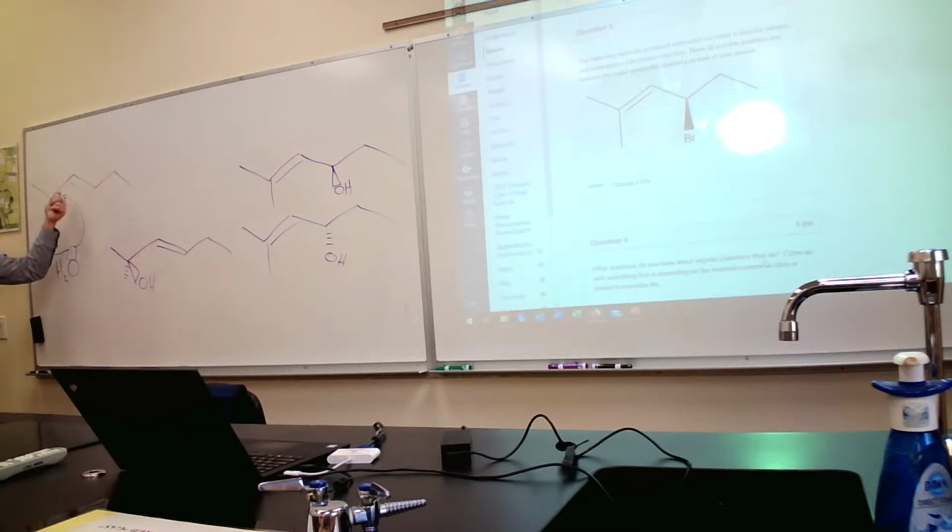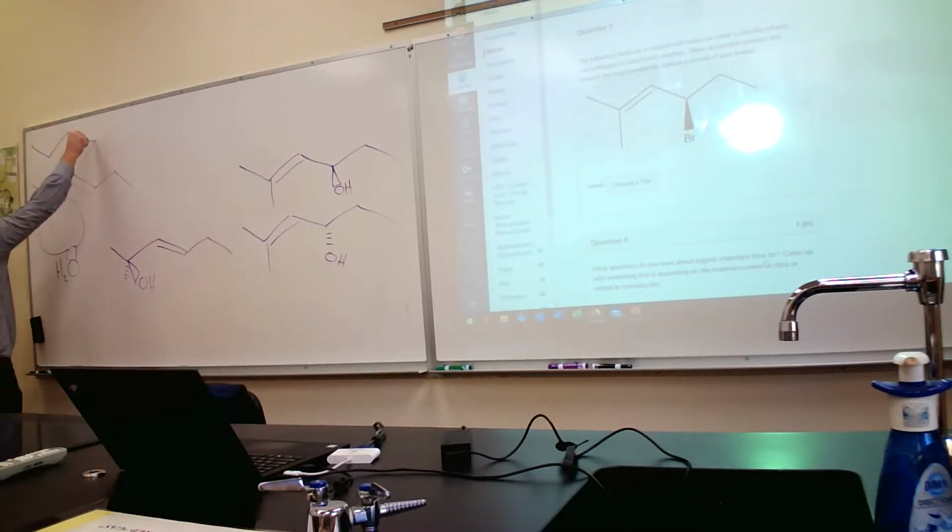When this resonance structure happened, it sort of locked these carbons into the same configuration, right? But they could have been in either configuration when it switched over, right? So you were just as likely to get a resonance structure that looks like this, and I'm going to have to start so that I leave myself enough room here.